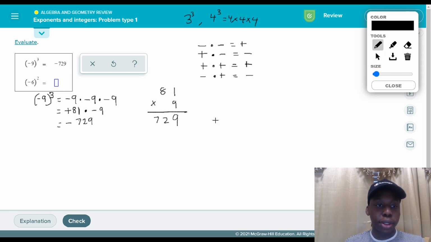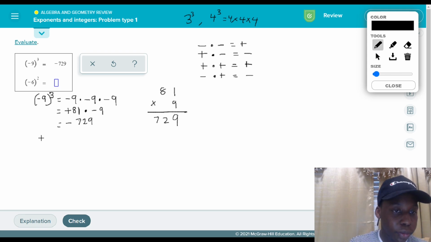The next one is minus 6 squared. The exponent is basically going to be used as the counter, and it tells us how many times we have to multiply minus 6 by itself. Twice. So that's minus 6 times minus 6.